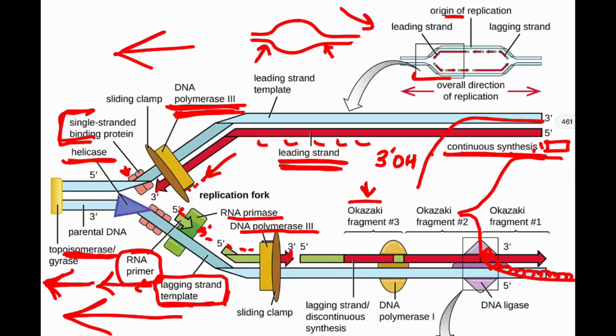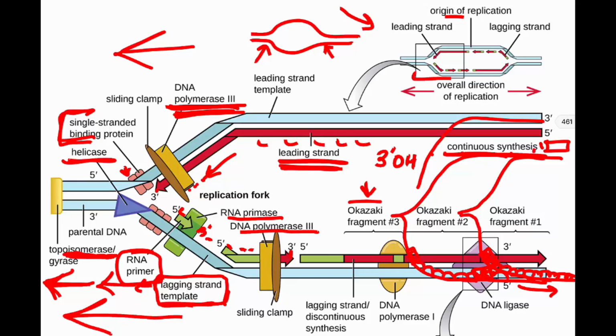Then we would have this primer here. Our replication fork is going to be moving to the left. Since our DNA polymerase III is going this direction on the lagging strand, now it has to back up, because now it would be here, right? Here's the primer, and then this would be right here. So it's going to have to back up and put a primer here, and then start adding nucleotides this way.